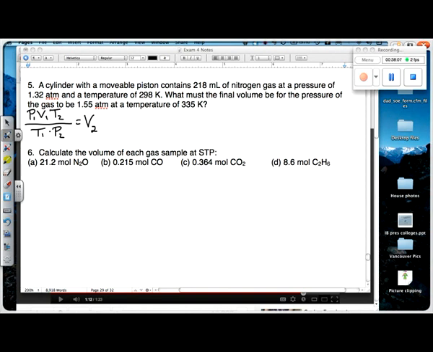All right, so P1 is 1.32 atmospheres. V1 is 218 milliliters. And T2 is 335 Kelvin. All right, divided by T1, 298 K, times P2, 1.55 atmospheres. All right, so atmospheres cancel, and K's cancel, and I end up with milliliters.